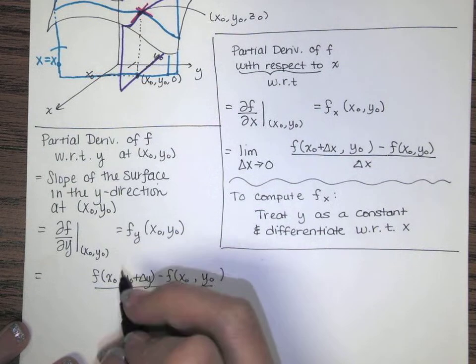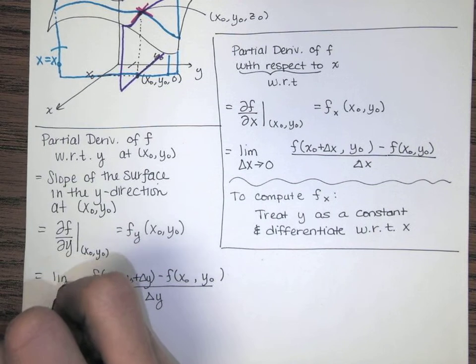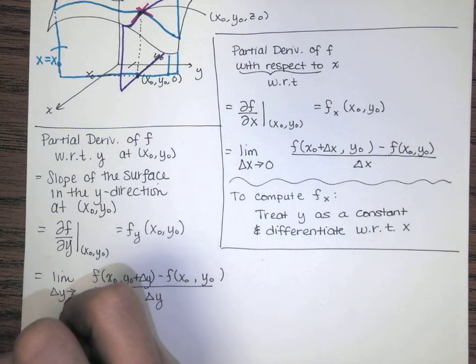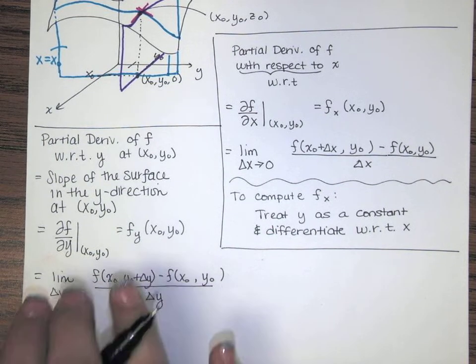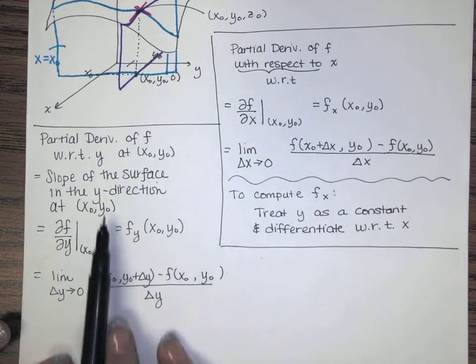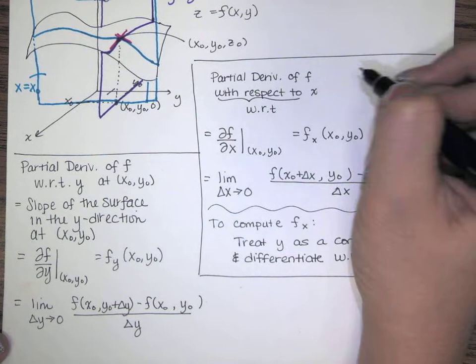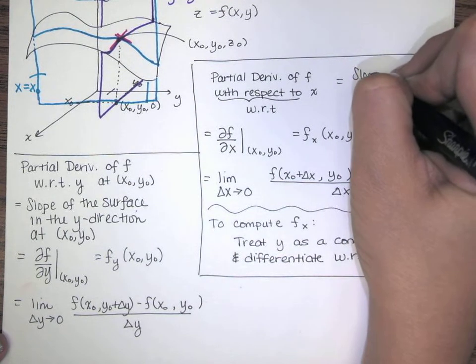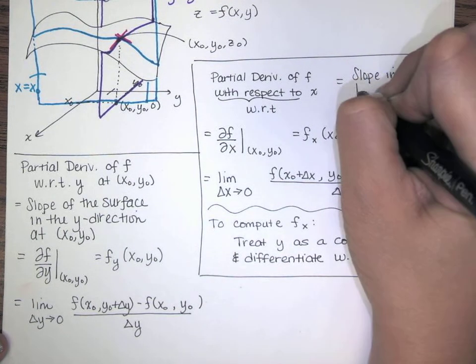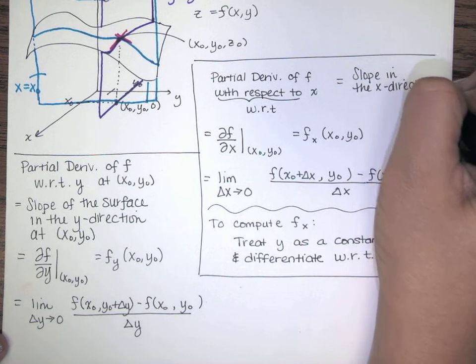So it's the change in z over the change in y. And then we're going to let the change in y go to 0. And that's the definition of the partial of f with respect to y. So this is giving me slope in the y direction. Partial of f with respect to x at a particular x naught, y naught is giving me slope in the x direction. Slope of the surface in the x direction at x naught, y naught.